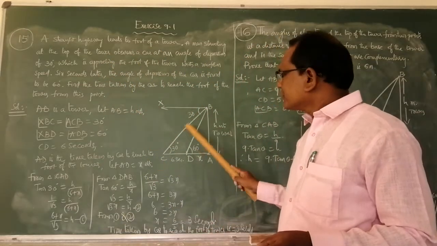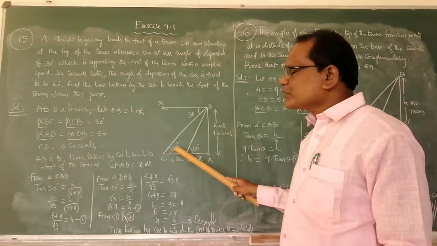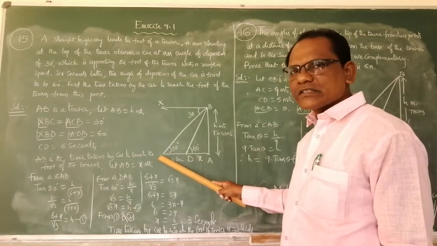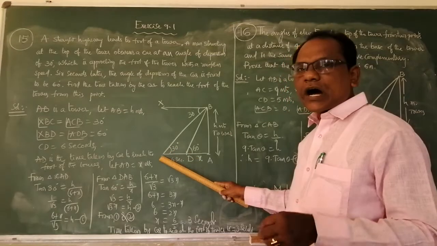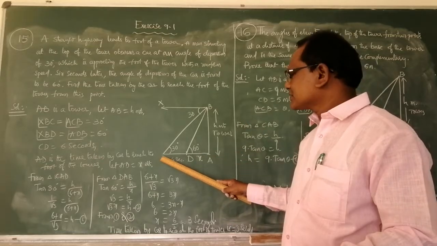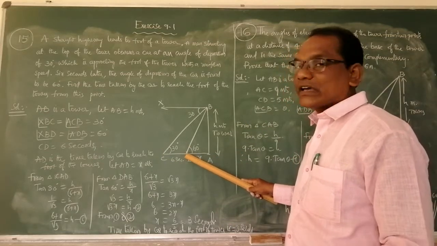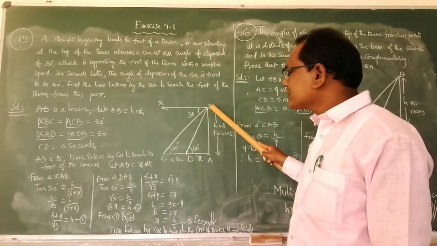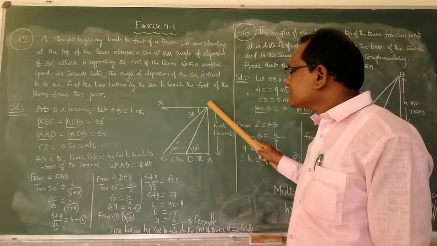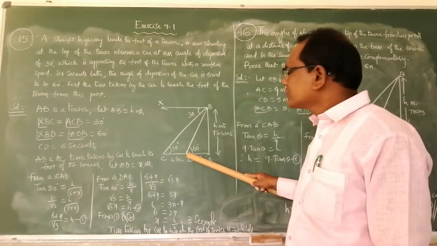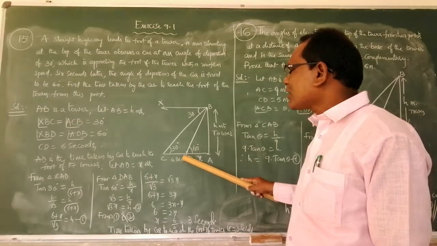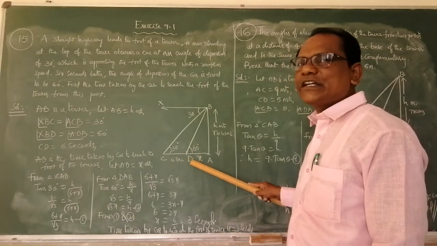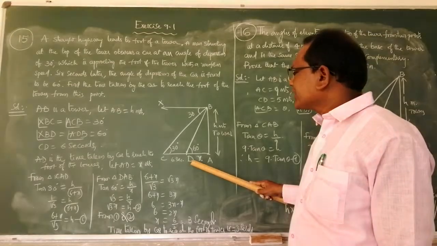That means after 6 seconds, again he is observing the car from the same position at the top of the tower, and he finds an angle of depression of 60 degrees. After 6 seconds, the car is at the D position now, right?